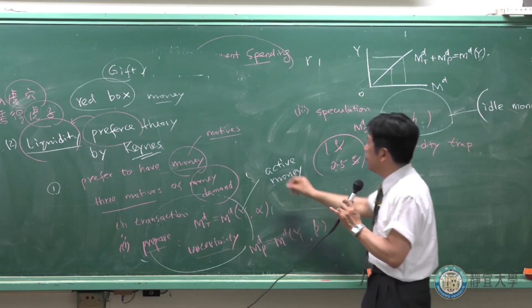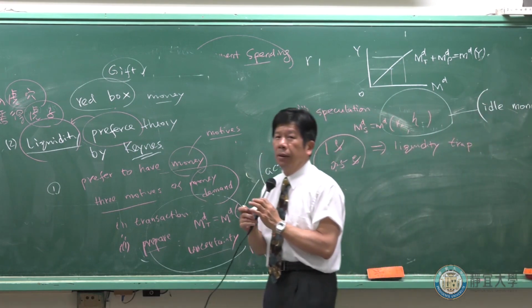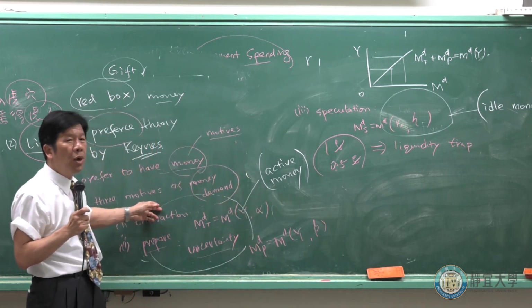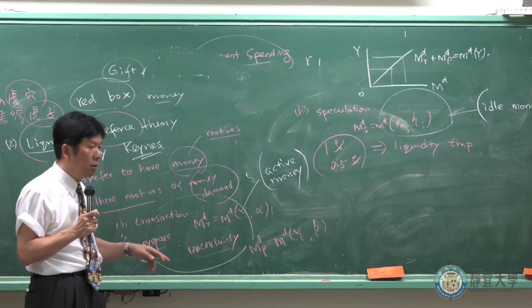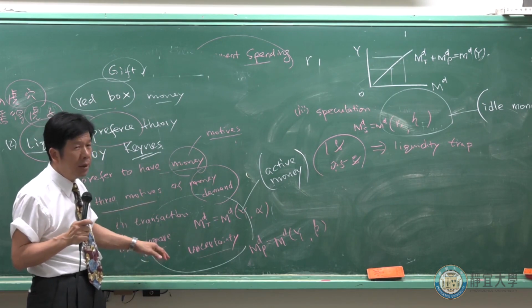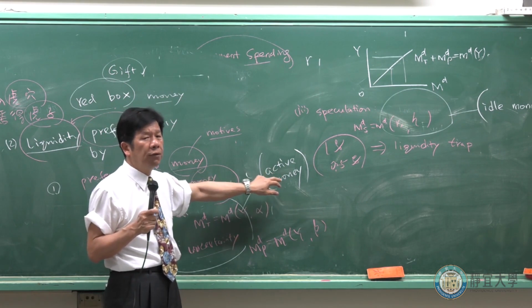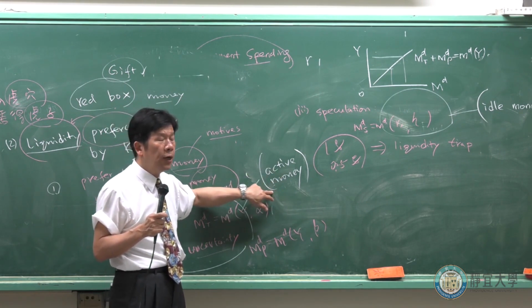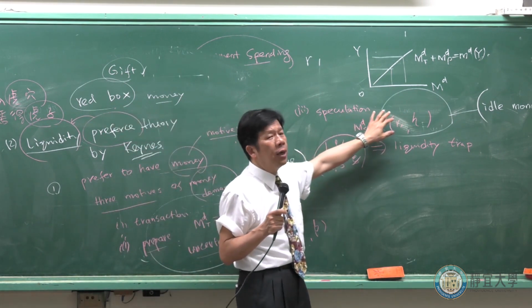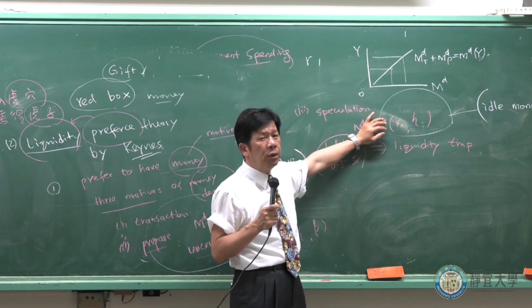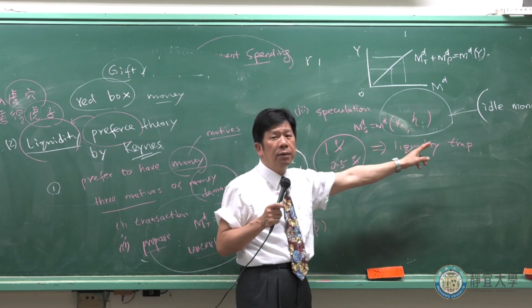Do you know the difference? If you have some money to do transactions, or you want to prepare it for your real life, we call this active money. And if you want to use this money for speculation, we call this idle money.